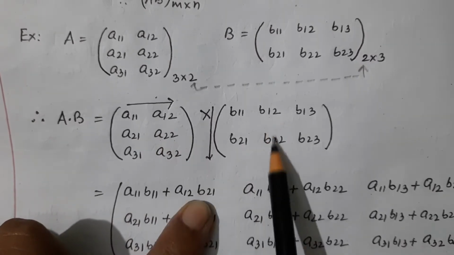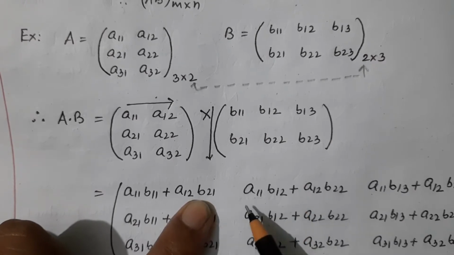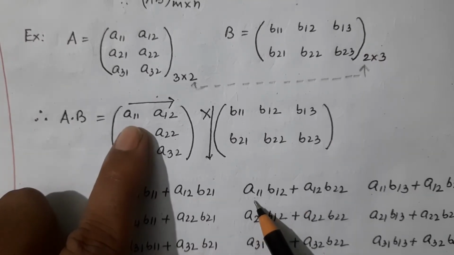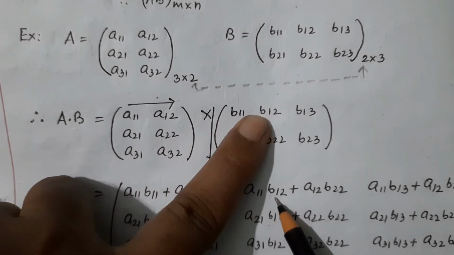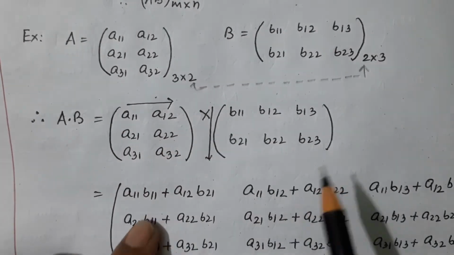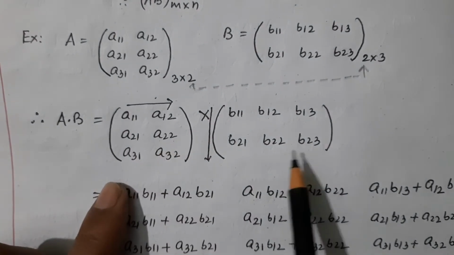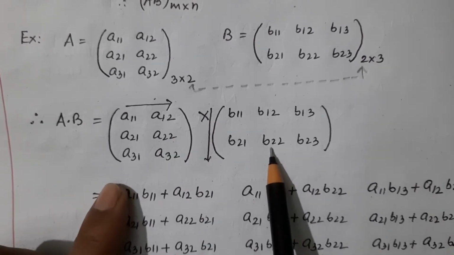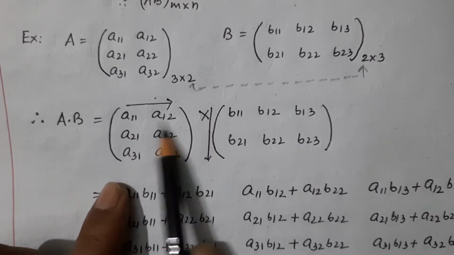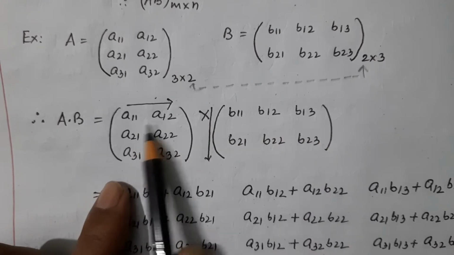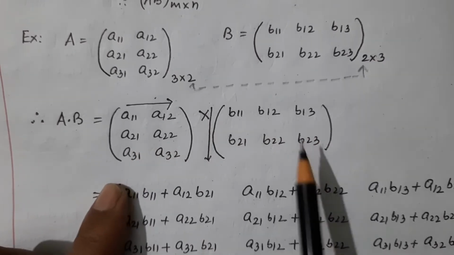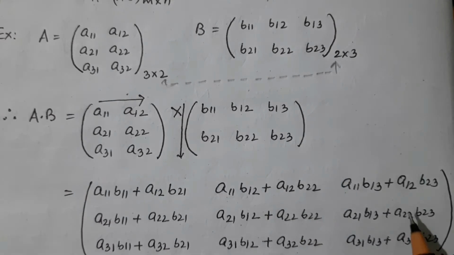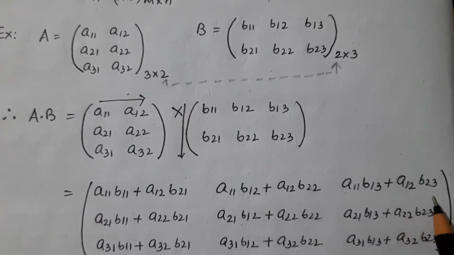First row, second column: A11 B12 plus A12 B22. First row, third column: A11 B13 plus A12 B23.